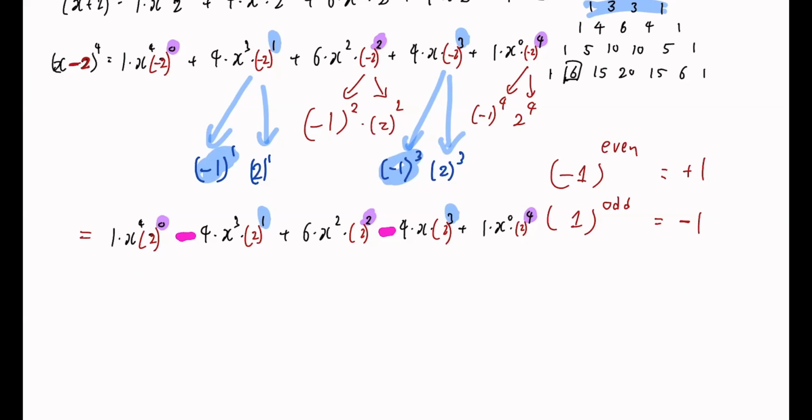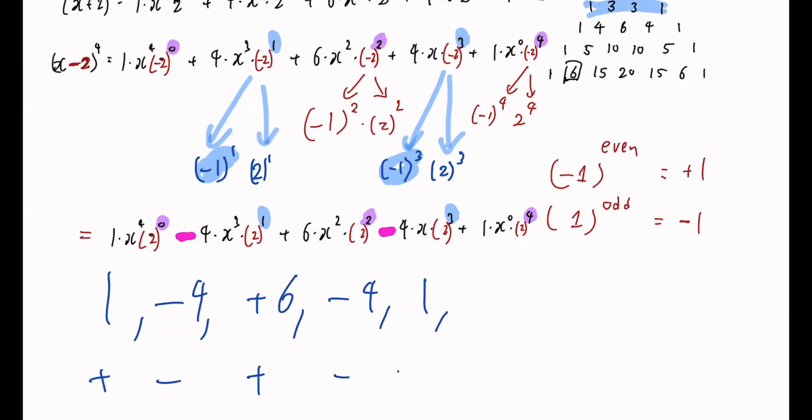So that's why we will get this pattern: 1 minus 4, positive 6, minus 4, 1. This is what we call plus minus plus minus plus. We call this alternating. Does that make sense?